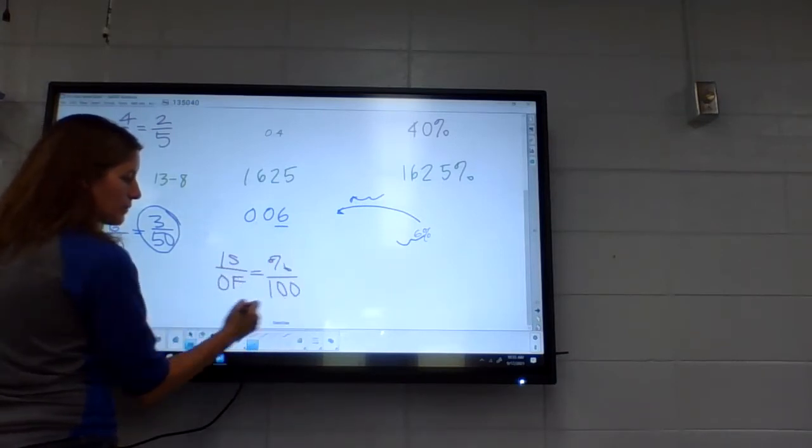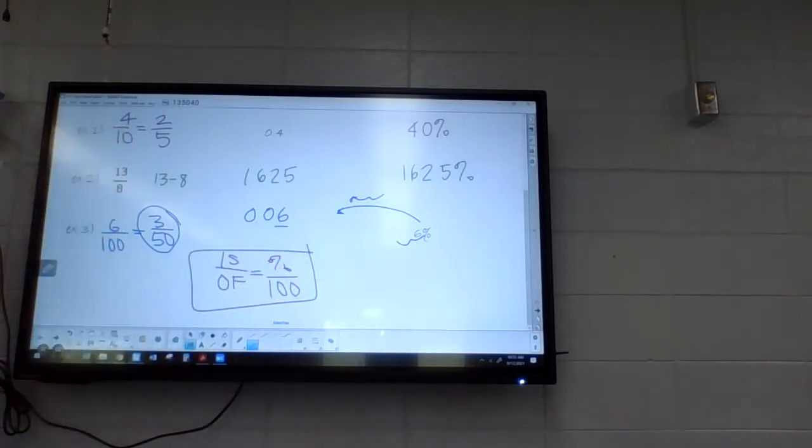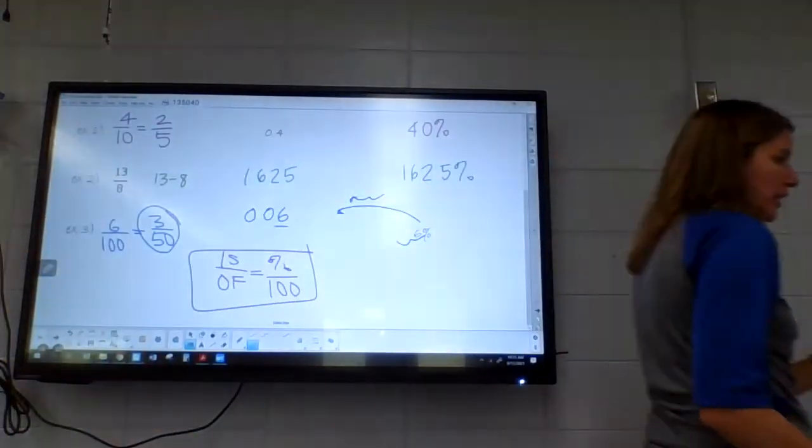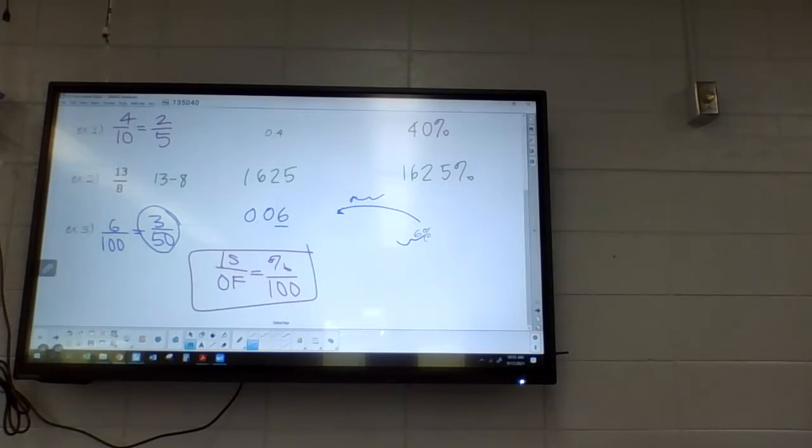This is not something I would give to you. This is something you should know and be comfortable with if you use it. If you don't use it, that's okay as well. Just know that that would be the proportion I would suggest you use to make sure you get things in the right spot. That should be a percent over 100.